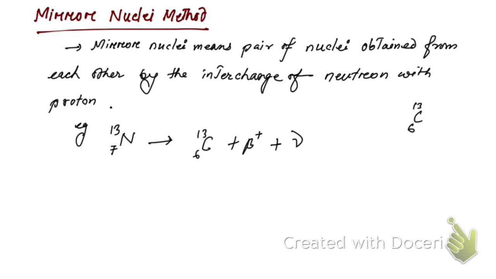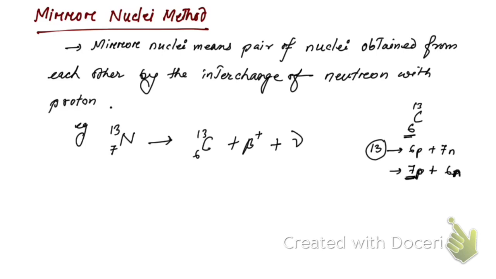So its mass number is 13 and proton number is 6, which means the number of neutrons must be 7. If you interchange the numbers of protons and neutrons, it will be 7 protons and 6 neutrons.